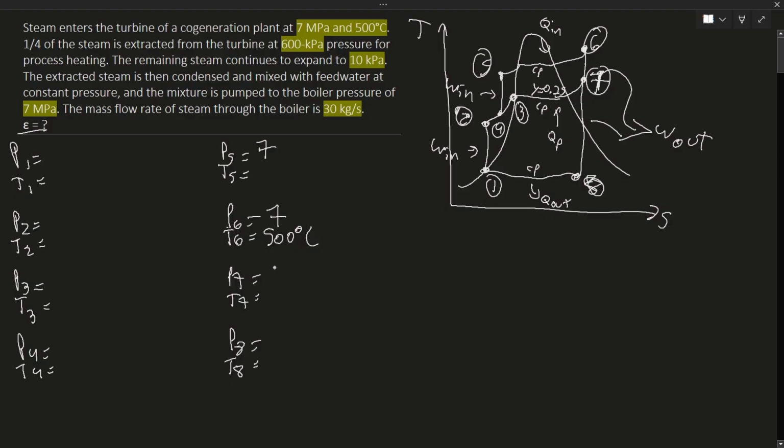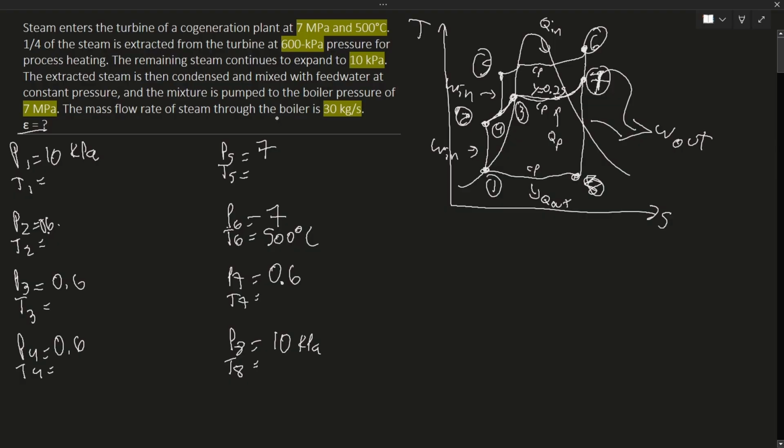So point 7 is 0.6 MPa. Since it's constant pressure, all of this part over here is 0.6, 0.6, 0.6. And then the remaining steam continues to 10 kPa. So over here at the bottom, 0.1 MPa, it's 10 kPa.